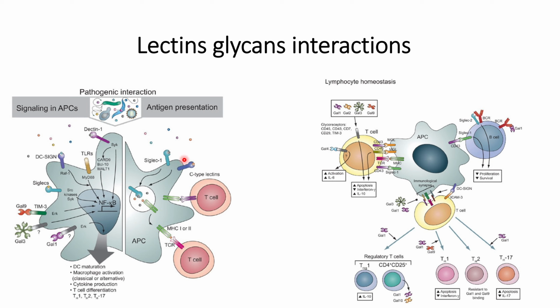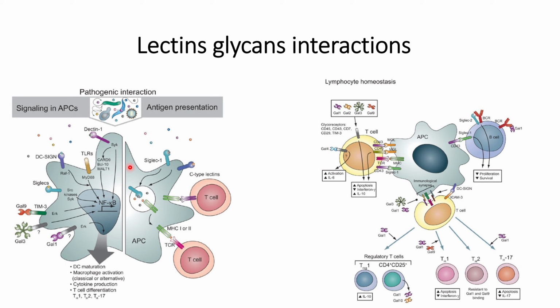Along with CLEC1, the C-type lectins will also help in determining those pathogens through the carbohydrate structures present on the pathogens, and they will also help in activating T cells through the major histocompatibility complex 1 or 2 that can be seen here.